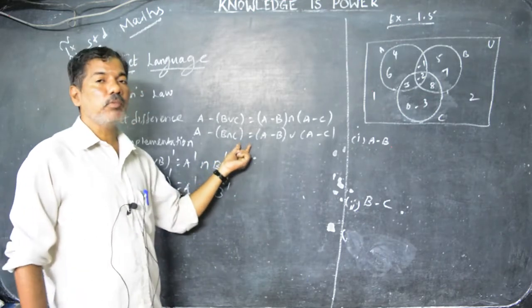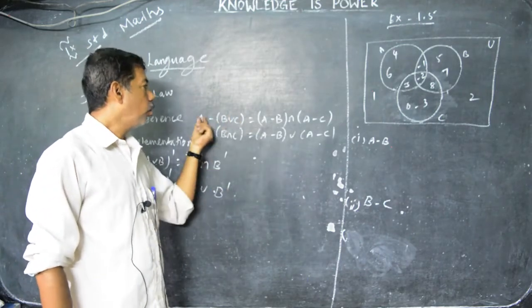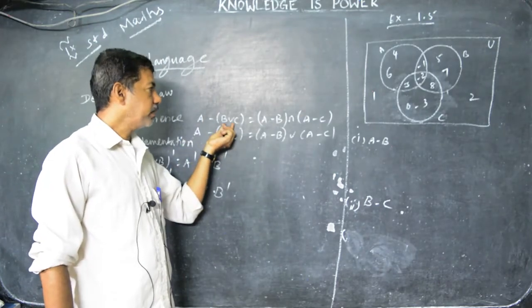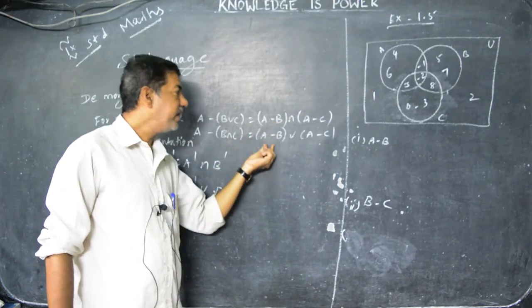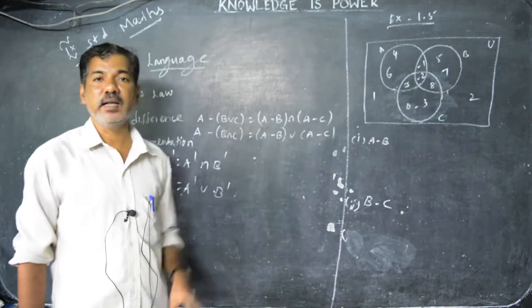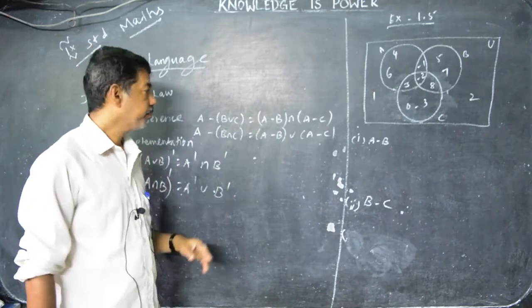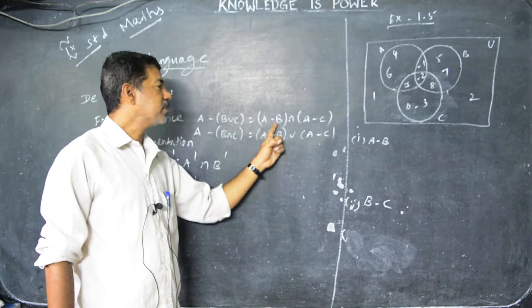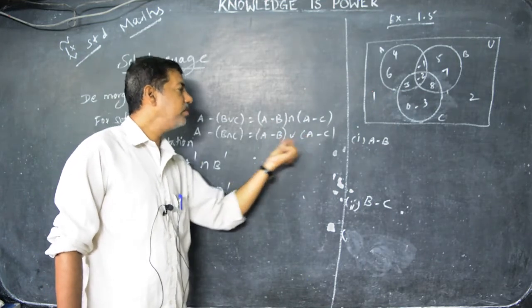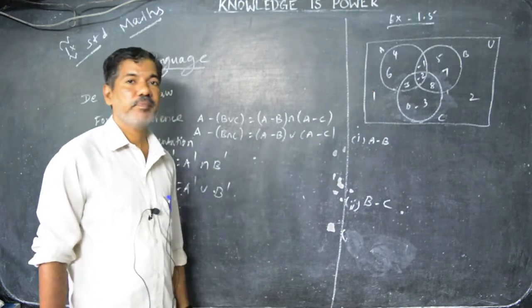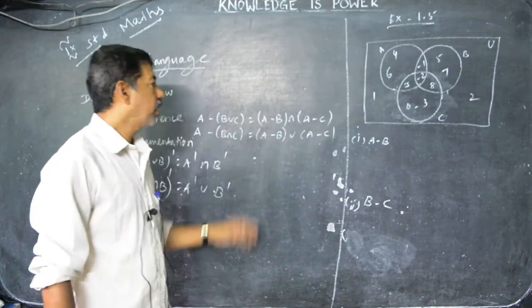When we find these, we find one sum first. A minus B we have found, and we use the same here. A minus C we find, and use the same here. No need to find again. For the first sum, if you find A minus B and A minus C, the same thing you have to use because both are the same.